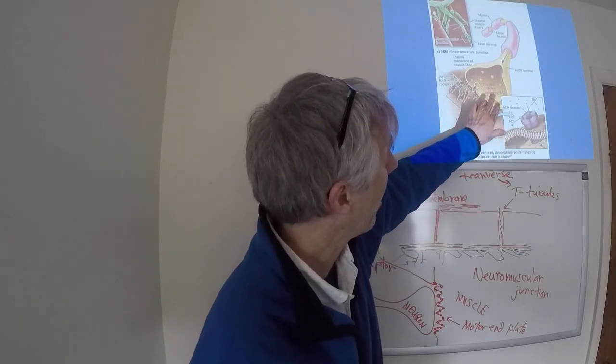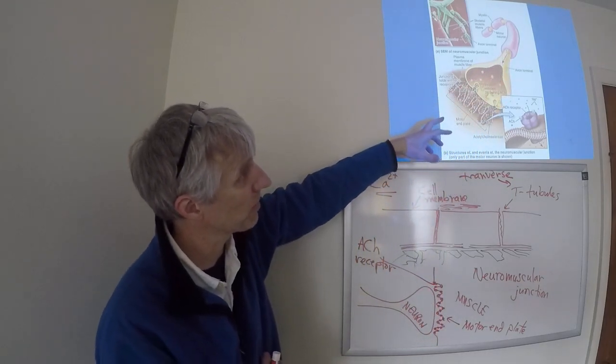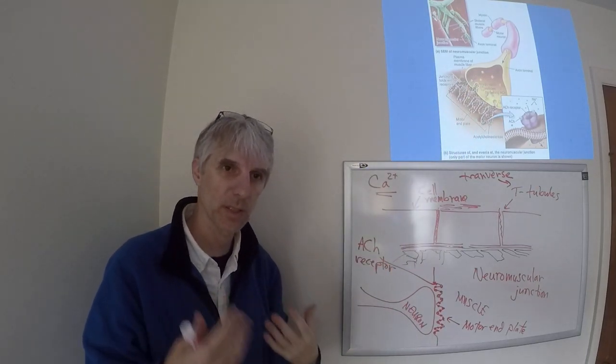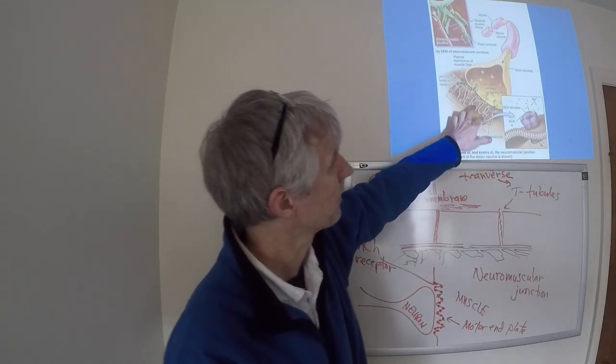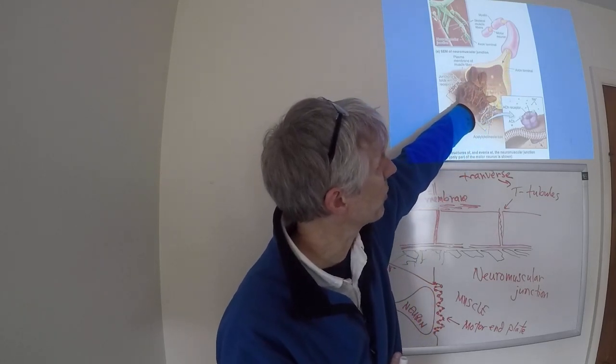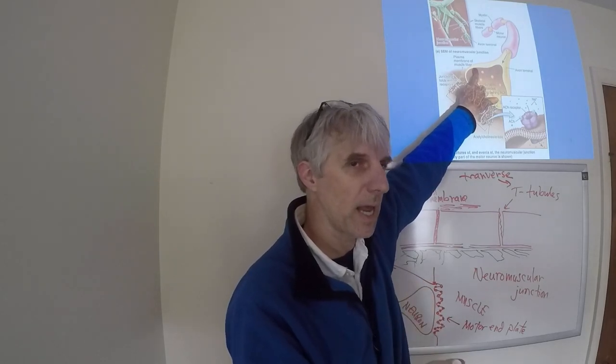All right, now, as the action potential spreads down along the axon toward the synaptic terminal, remember that the action potential triggers the opening of calcium channels close to the synapse.